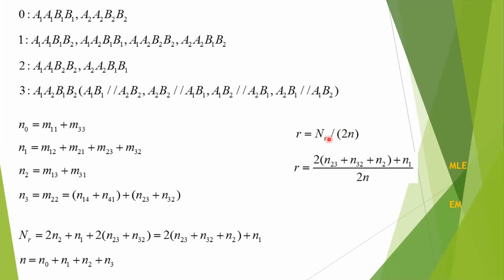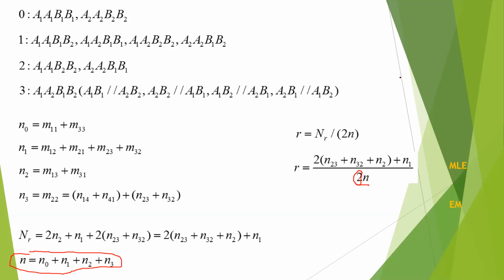And if we rewrite this, it is equal to this. Why? Because N is the total number of individuals, the progeny you get from this experiment. And each progeny has 2 gametes. That's why we multiply this N by 2. So 2N represents the total gametes we got from this F2 experiment. Do you agree?